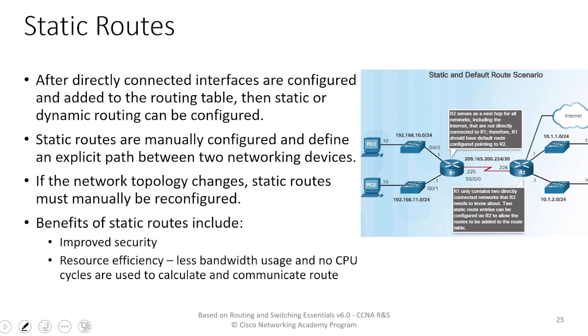And with routing tables we can have two different approaches to constructing them. One is known as static routes. With static routes, we go and configure all the possible routing possibilities within the network, so everything is manually configured.